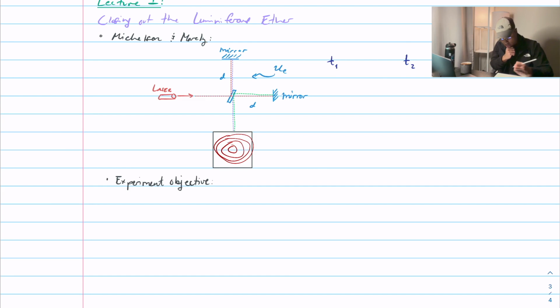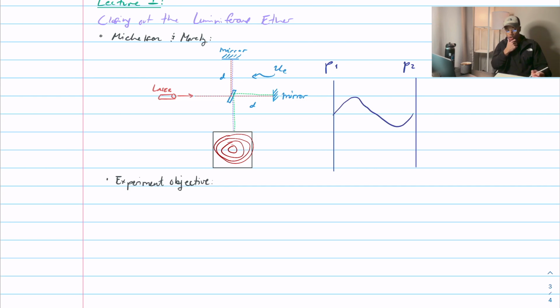I can start off here by calling two points P1 and P2 along a wave. I'm going to draw a line here. We're going to do one wavelength here, right? So here you have a crest and a trough, and you complete one full cycle.